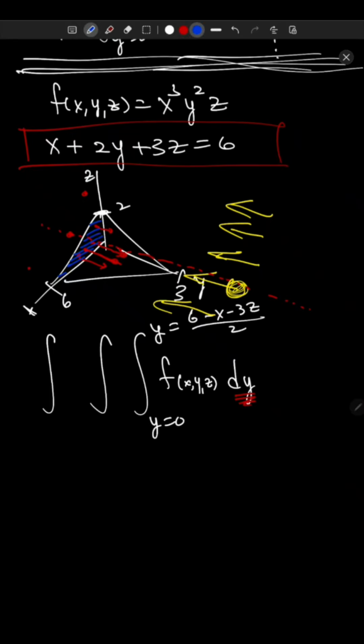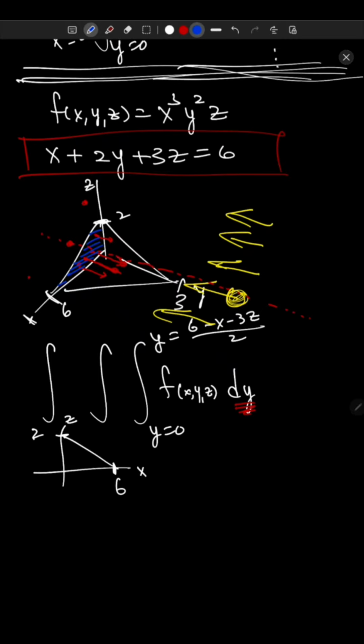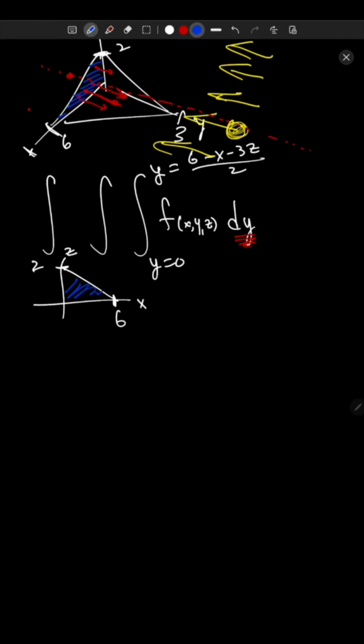Okay, and what is the blue shaded region? Well, we can see that if this is 6 and that's 2 over there, we've got 6 here, 2 here. This is x and that's z. We're integrating over this guy right here. Of course it should be x and z, because at this point when we're doing the two variable integral, all the y's should have disappeared.